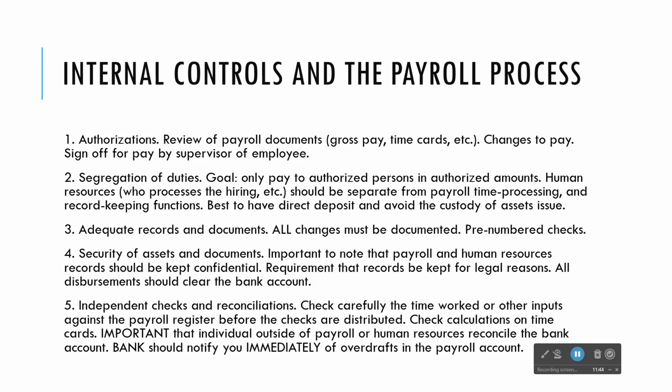With direct deposit, it goes directly into an individual's account. And so you avoid all of that custody of assets issue. Any change which you make has to be documented. There are pre-numbered checks, and the pre-numbered checks look different from operating cash account checks.